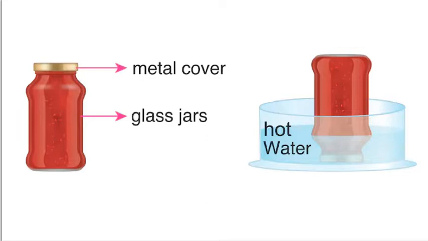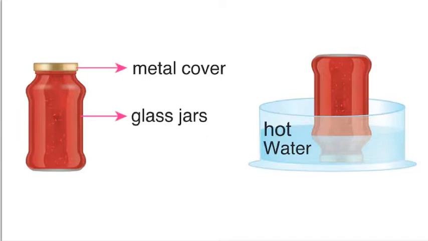Why is this? Well, the idea, guys, is that the thermal expansion coefficient for each material on your jelly jar is different. The jelly jar has glass and metal. And guess what? The metal has a coefficient of thermal expansion that makes it change more with temperature than the glass jar.